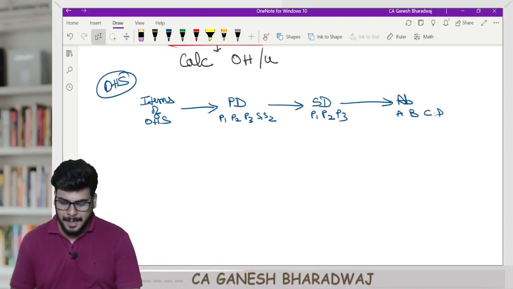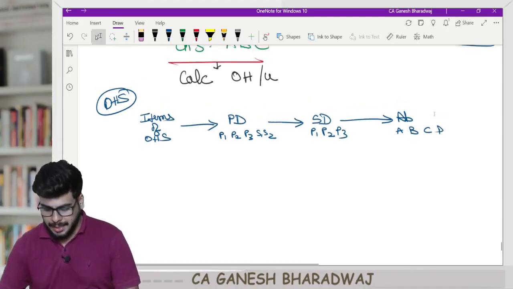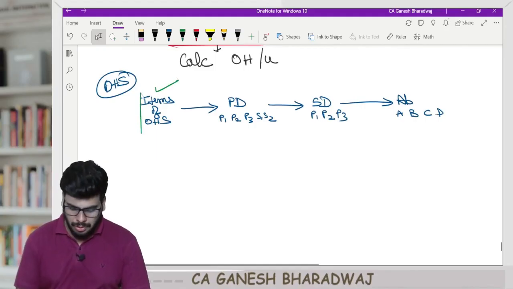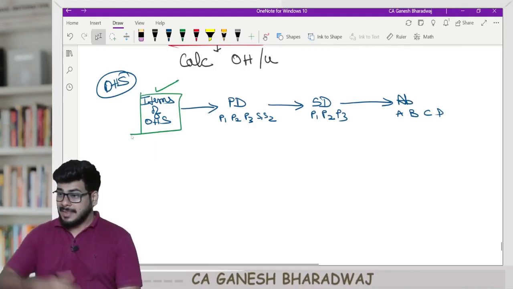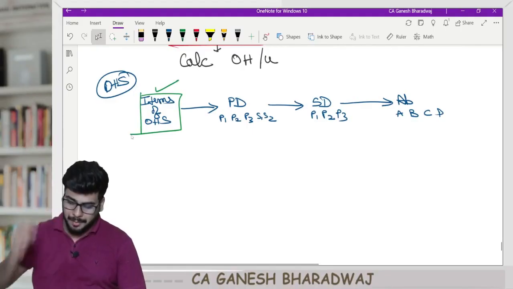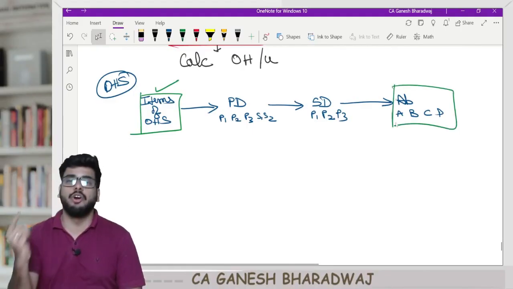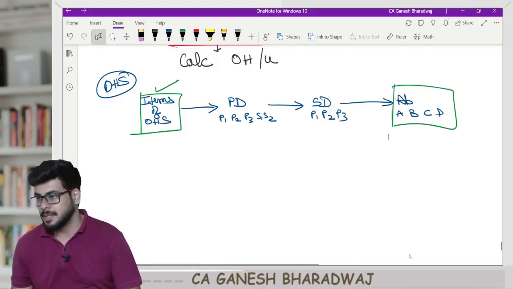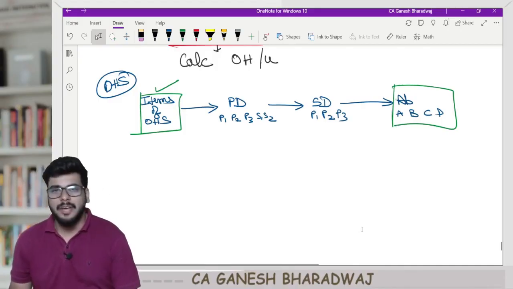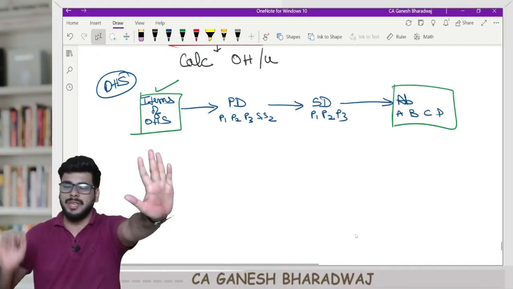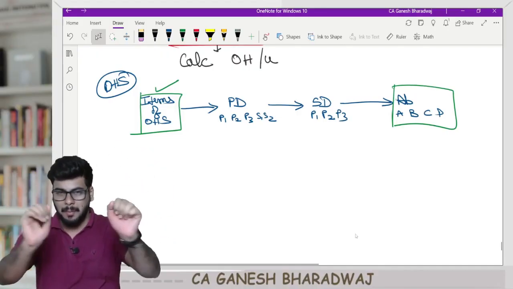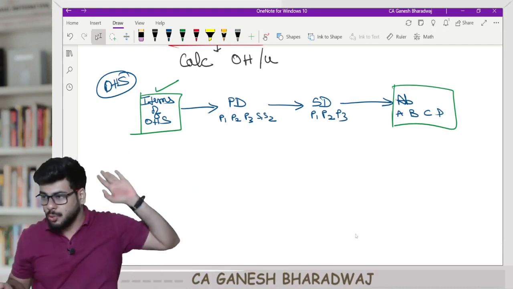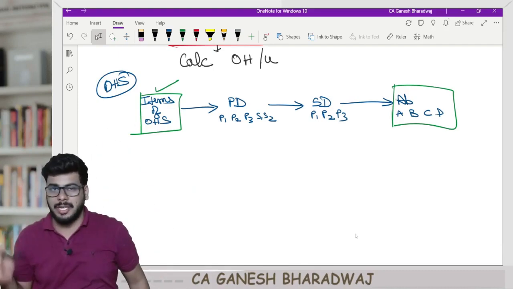Correct, guys? Now, this chapter ABC says the starting point is also line items of overheads. The destination of this chapter is also to calculate the overhead cost per unit of every product that the company is manufacturing. What this chapter says is, we are agreeing with the starting point and the ending point, but we do not accept the journey that you are doing, that is your primary distribution and secondary distribution.